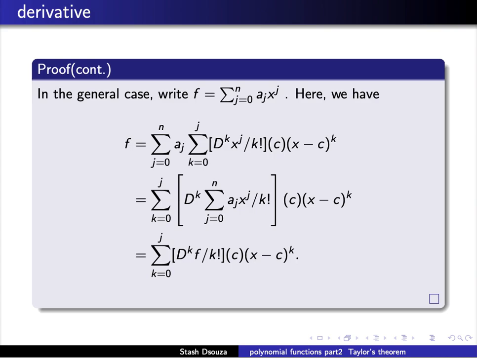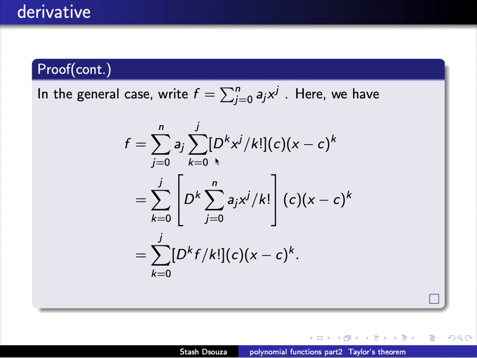We move on now to the general case of f being an arbitrary polynomial of degree n, so with coefficients aj and the index j going from 0 to n. Here we have that f can be written as the sum as j goes from 0 to n of aj times, we now replace x to the power j by the result for Taylor's theorem for single powers of x, such as g, as we just proved before.